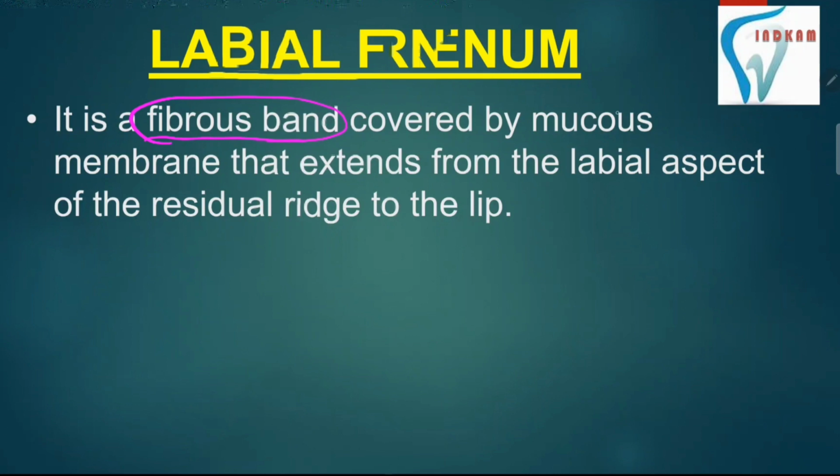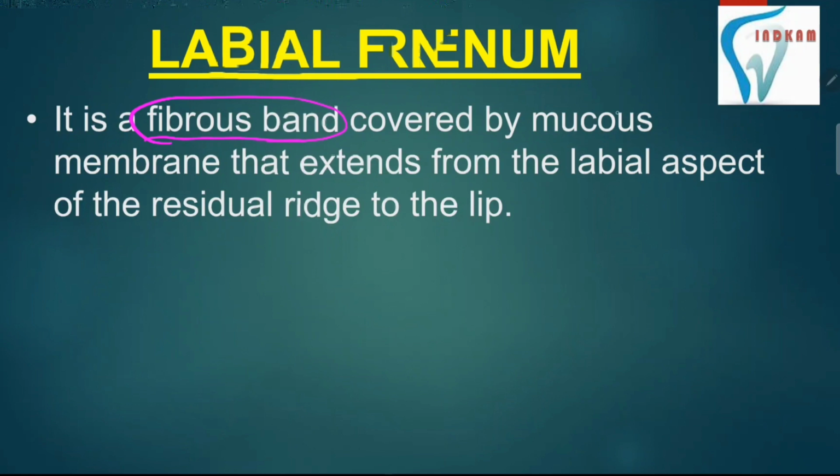It has attachments of the following muscles. First is levator anguli oris. It attaches beneath the frenum. Second is orbicularis oris, which pulls the frenum in forward direction, and buccinator pulls the frenum in backward direction. We have to take care to remember this.